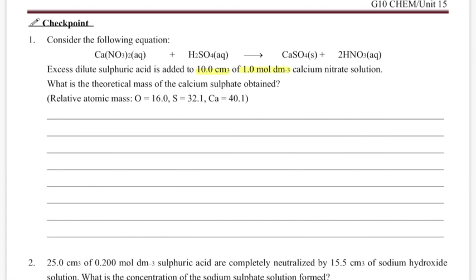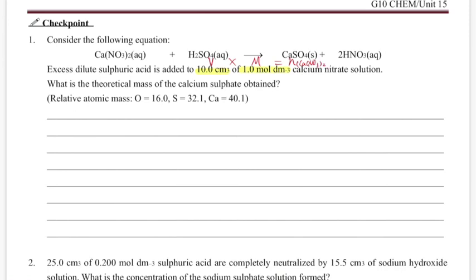And what is the theoretical mass of the calcium sulfate obtained? Okay, so the question gives us the volume of calcium nitrate and also the molarity of calcium nitrate. So if we multiply these two, then we will get number of mole of calcium nitrate.